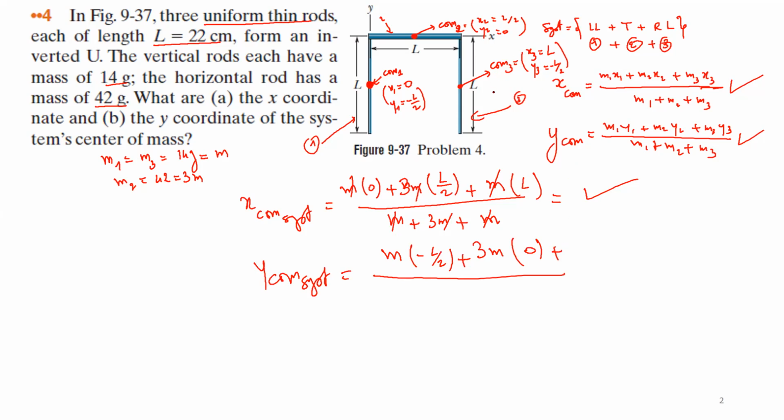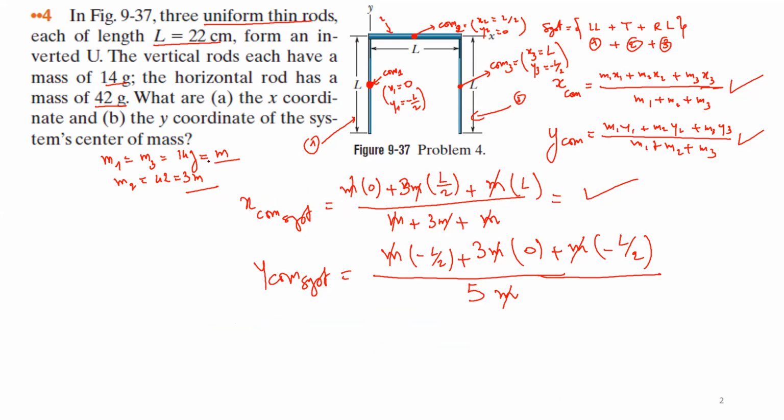Plus m3, which is m, y3, which is minus L divided by 2, divided by total mass, which is 5m. Okay, the m will simplify and then you will get your answer. Again, you're not obliged to put m and 3m here. You can just put the numbers. If you are comfortable with them, you go for it.